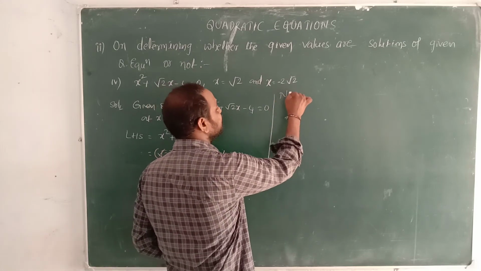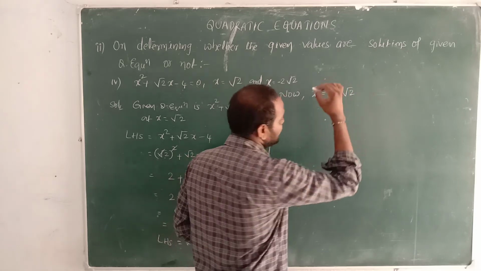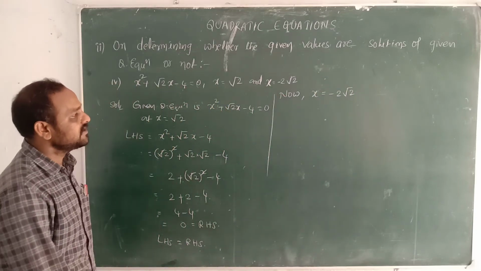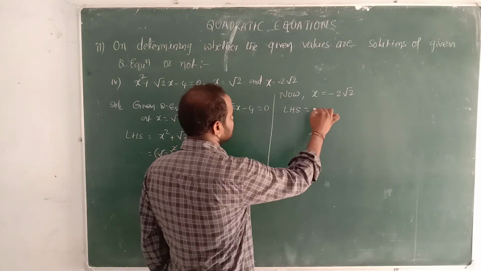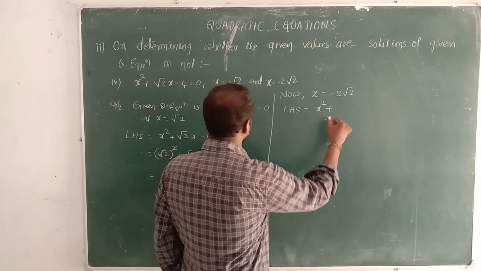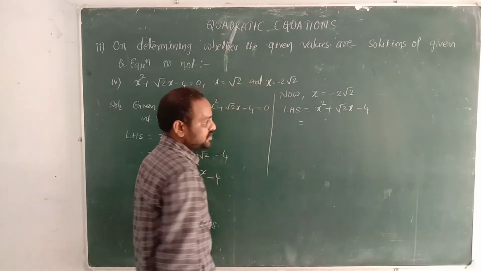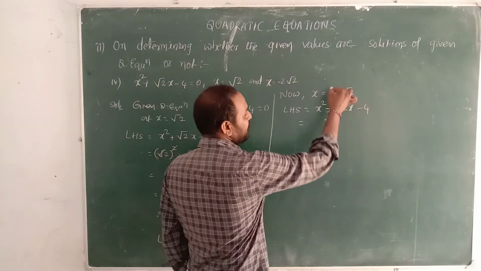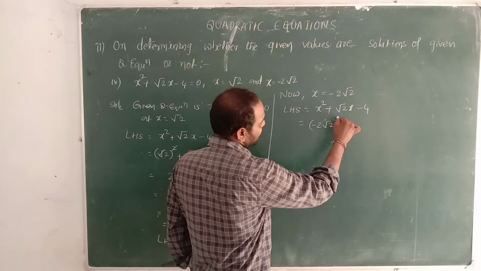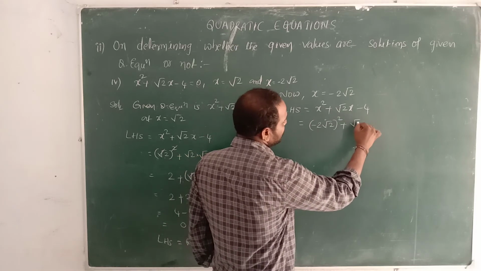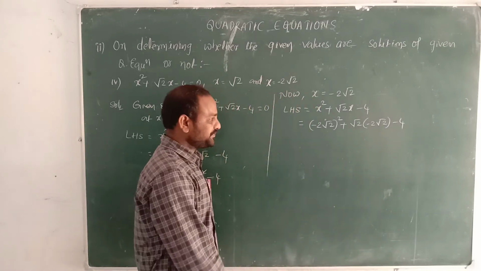Right. Now we have to check whether x is equal to minus 2 root 2 is a solution for the given quadratic equation or not. So by taking LHS, what is LHS as given? x square plus root 2x minus 4. So we have to substitute instead of x as how much? Minus 2 root 2. So minus 2 root 2 whole square plus root 2 into minus 2 root 2 minus 4.